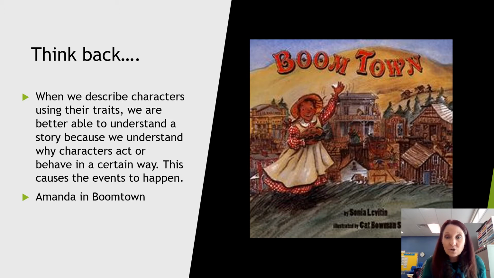She had a general store, she had a small little doctor, they had a blacksmith, they had people that sold food for animals, and that all happened because she was driven or motivated to get these businesses started so that her town could be a boom town. So that is how a character's behavior, their actions, their personality traits lead to the actions that happen in a story.